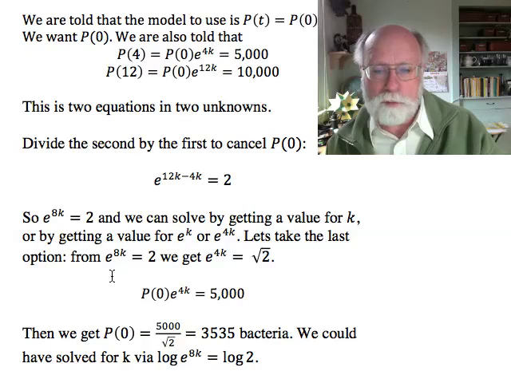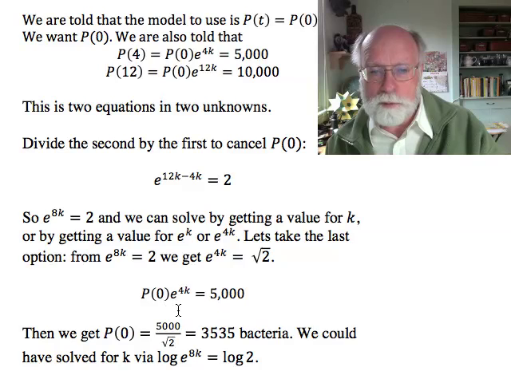Let's take the square root of each side of that equation. The square root of e to the 8k is the same thing as e to the 8k raised to the power 1/2. And 1/2 of 8 is 4, so I get e to the 4k. The square root of 2 is just the square root of 2. So e to the 4k is the square root of 2.